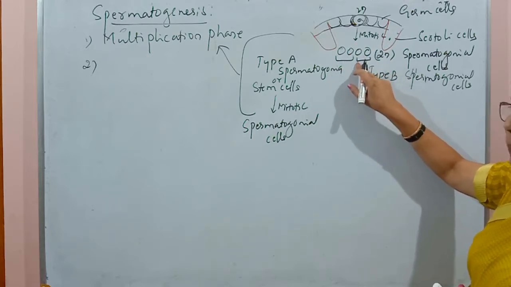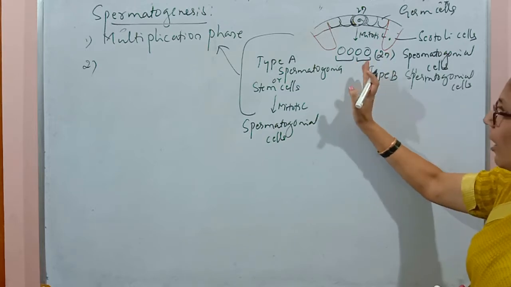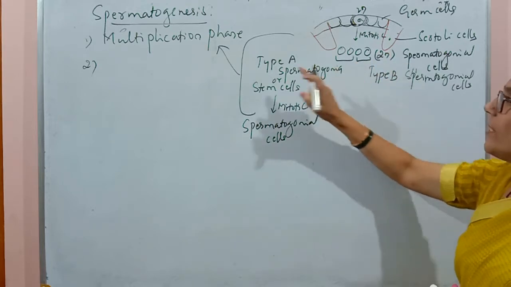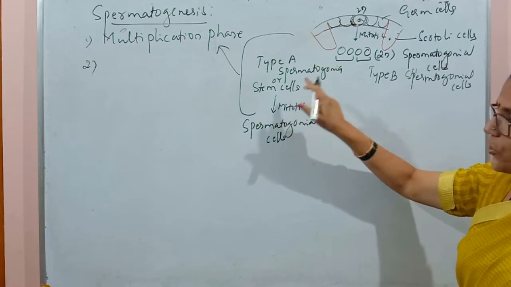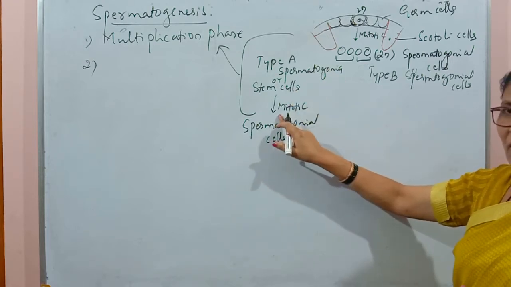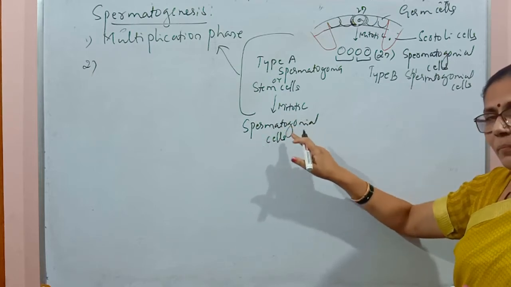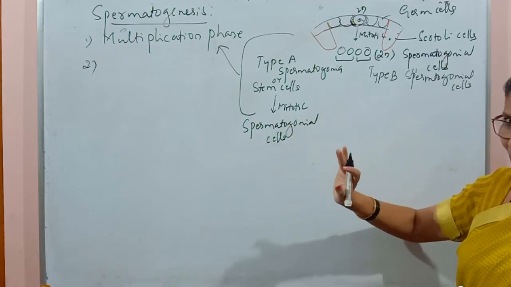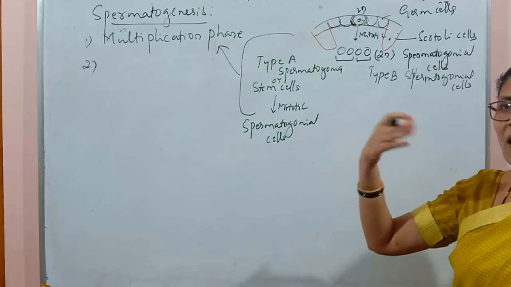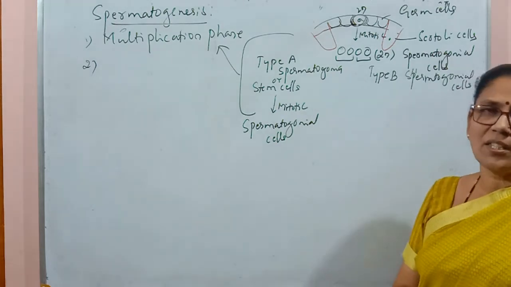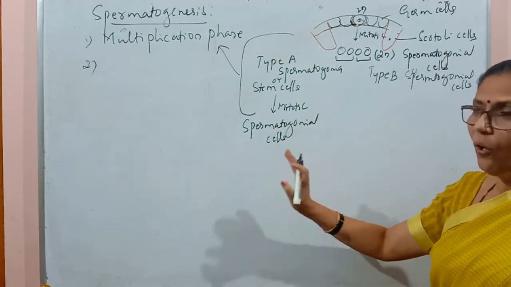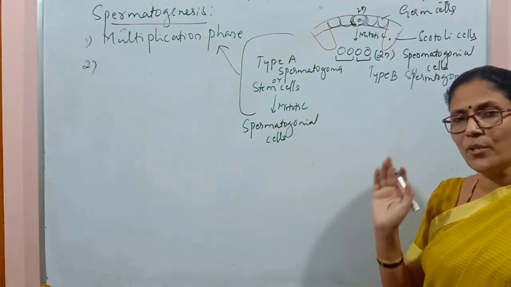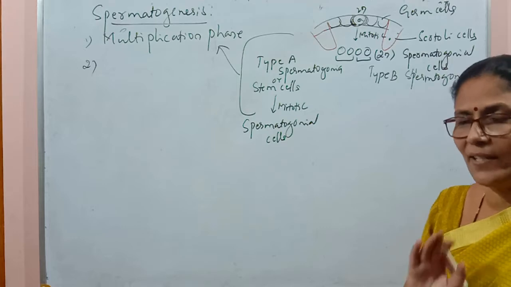Among this group of cells, half are considered type A spermatogonial cells or stem cells, which further undergo mitotic division and again produce spermatogonial cells only. They are not entering the next stage of spermatogenesis, neither the growth period nor the maturation period.